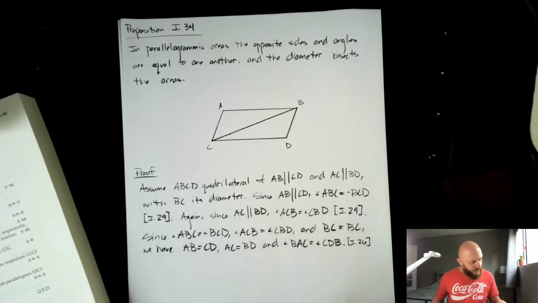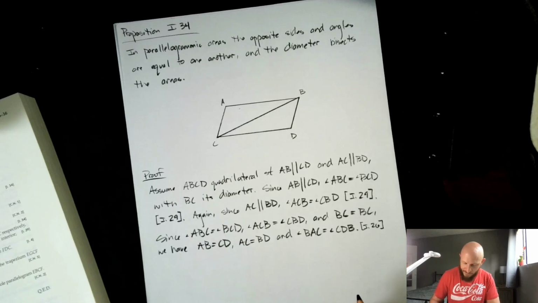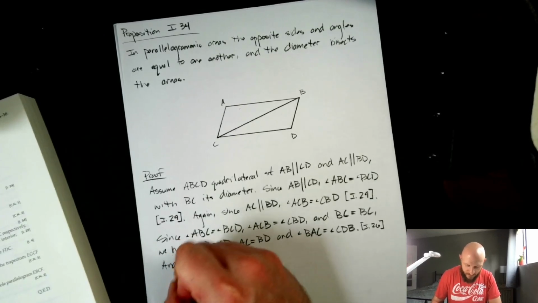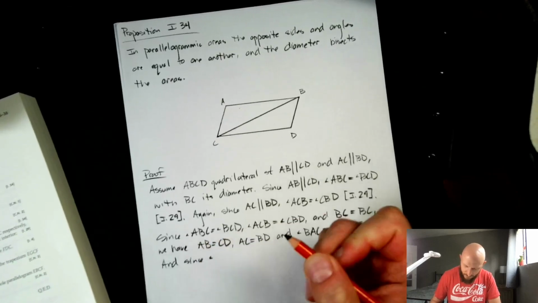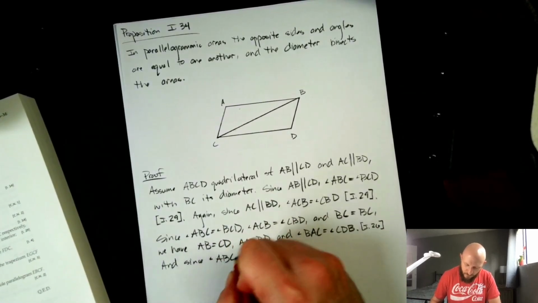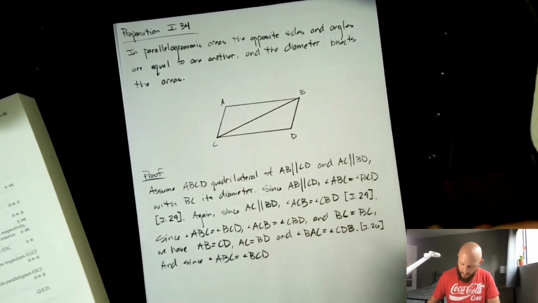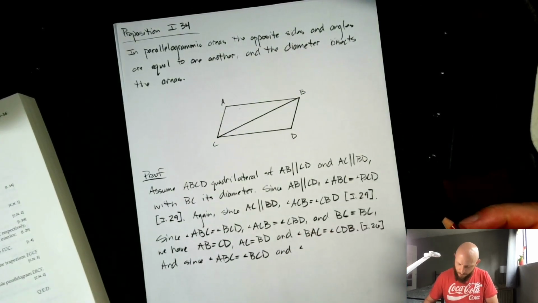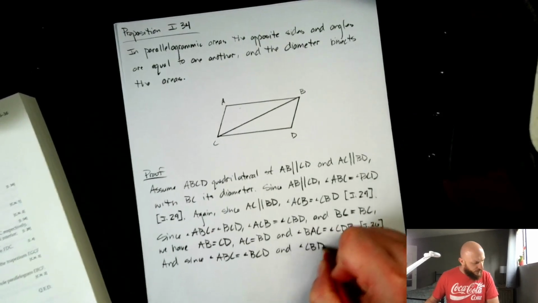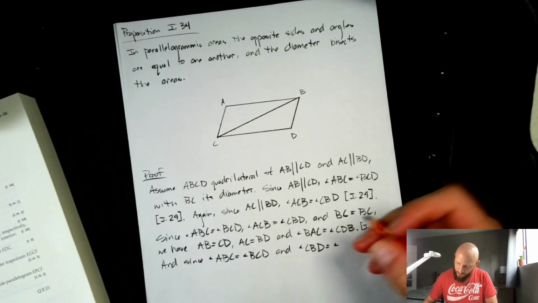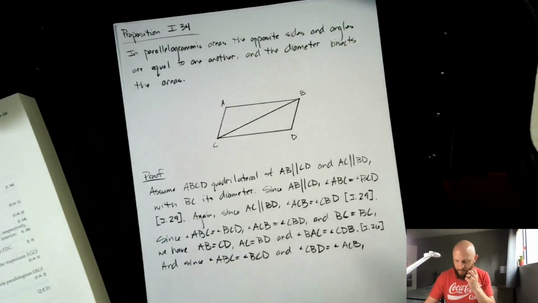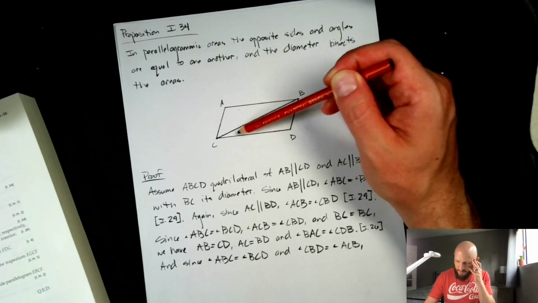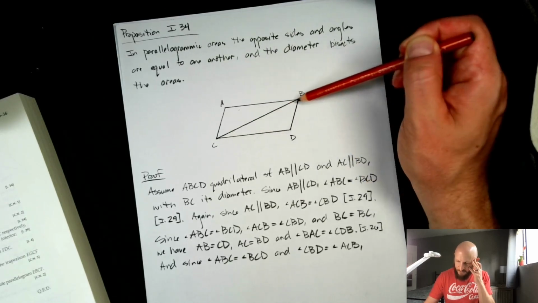So he says, and again, since angle ABC equals angle BCD, and angle CBD equals angle ACB. So just again, really quickly to see what we just said, ABC, this angle, is equal to BCD, and then CBD, this angle right here, is equal to ACB.